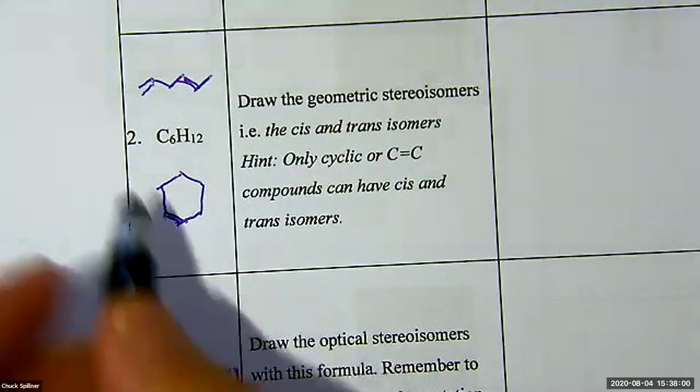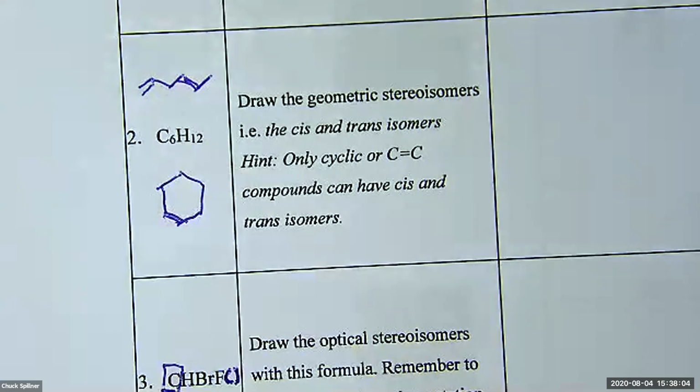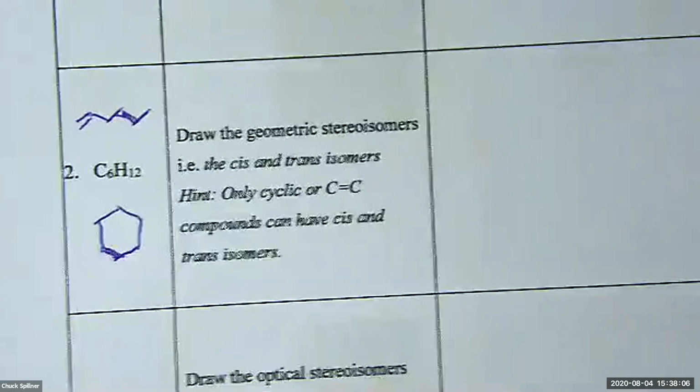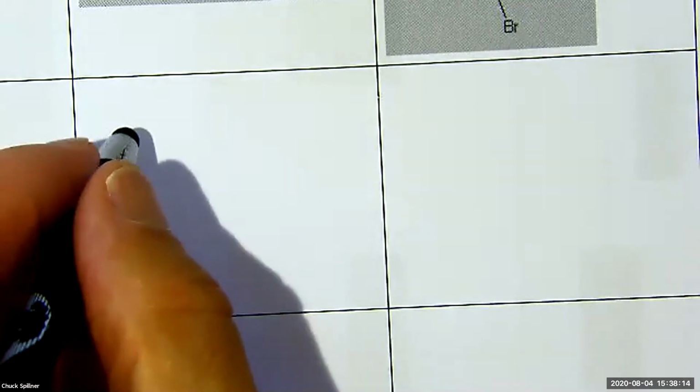The other one could be if we put a double bond, not at the end, but in the middle, we can have cis or trans. So let's start with the double bond. I'm going to draw 2 cis-trans stereoisomers here. So isomer 1 could look like this.